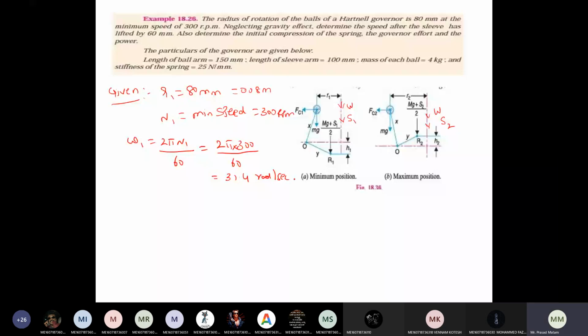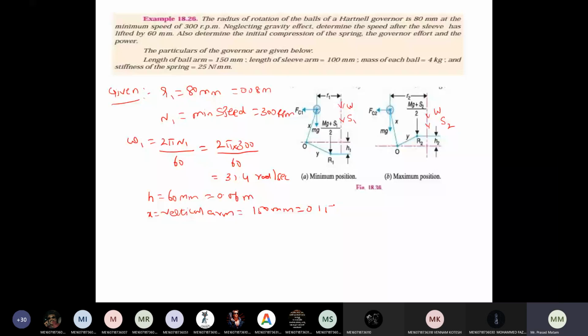And h is given. Determine the speed after the sleeve has lifted by 60 mm. So the height of the sleeve, h, is equal to 60 mm, which is 0.06 meter. Earlier I wrote the vertical arm as A and the horizontal arm as B. Now I am changing them to X and Y for convenience. X is the vertical arm. What is the X value? 150 mm, that is 0.15 meter.